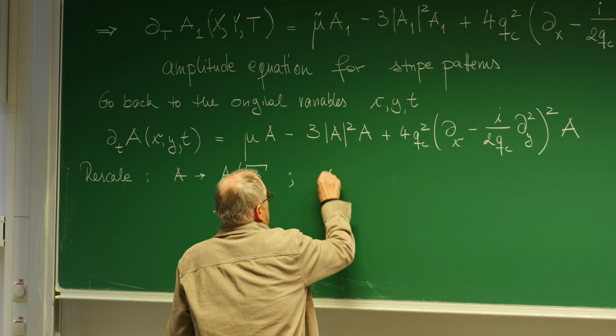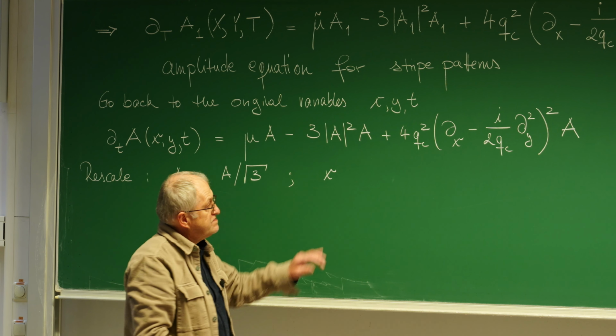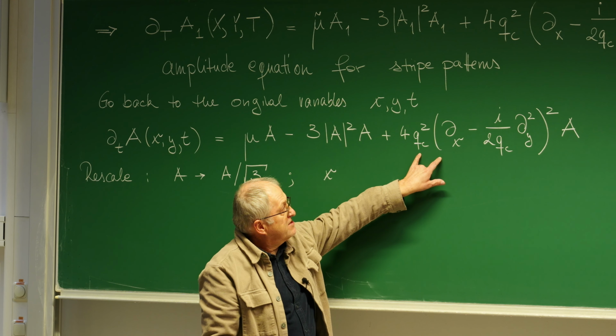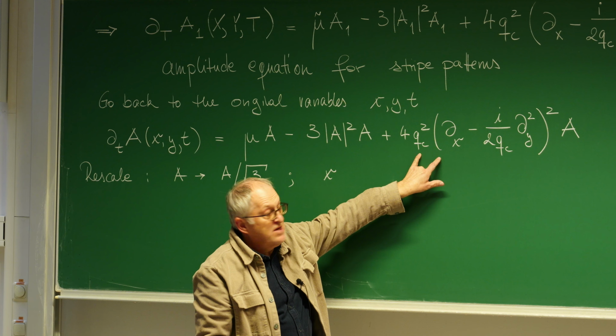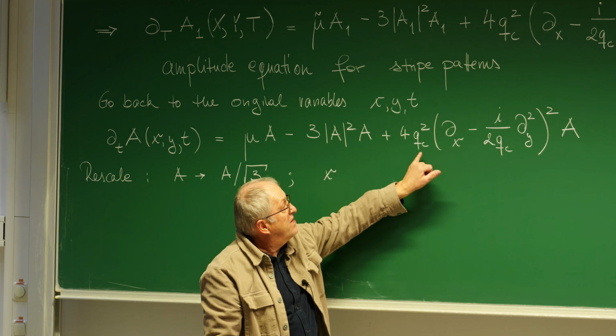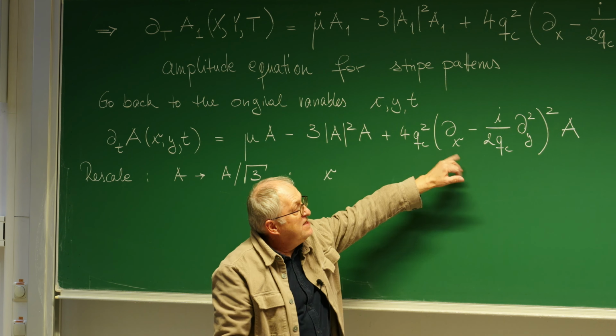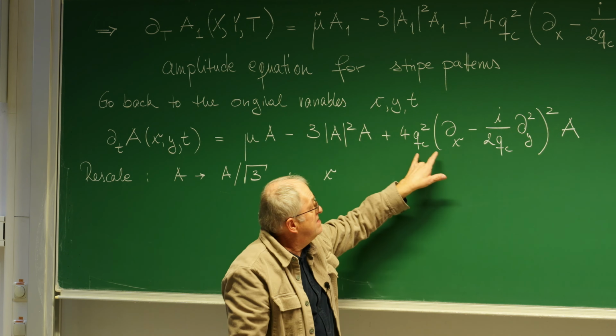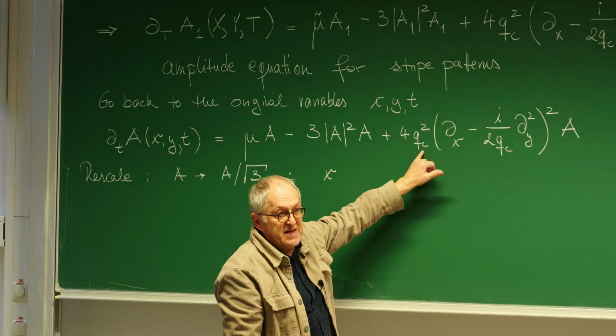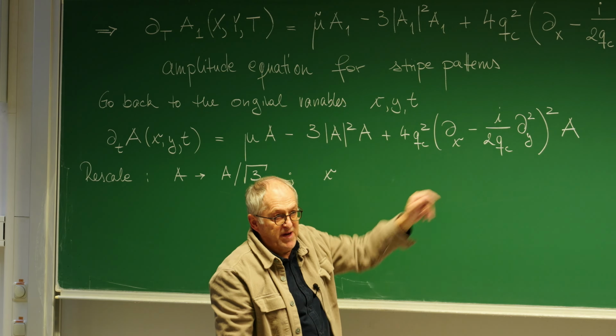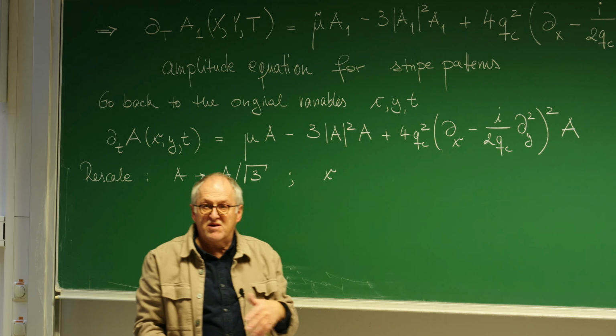Then, when you look at the equation, there's a characteristic scale for the x coordinates. We have qc squared dx squared, and that means that this is the characteristic scale along the x direction, which is clear because that's what we put in.